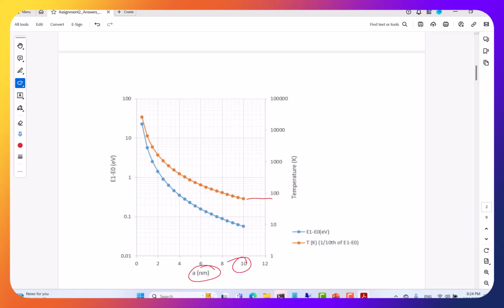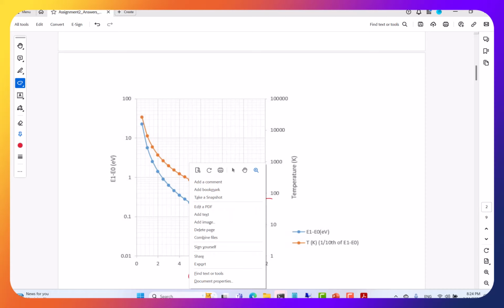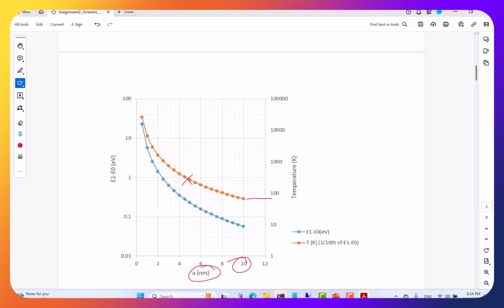But if your quantum well is small enough, let's say up to 5 nanometer, you will already see the quantum effect at room temperature.